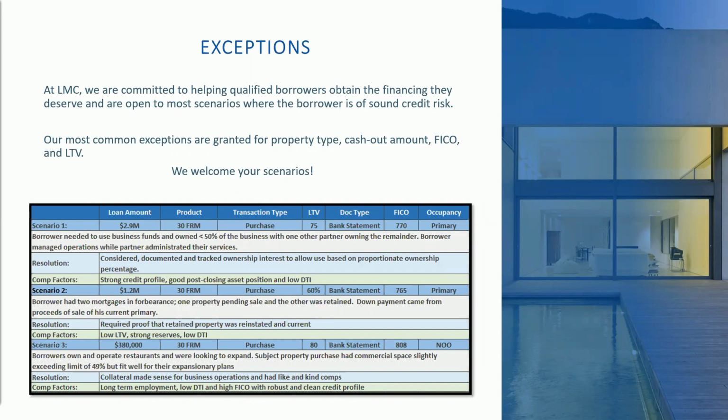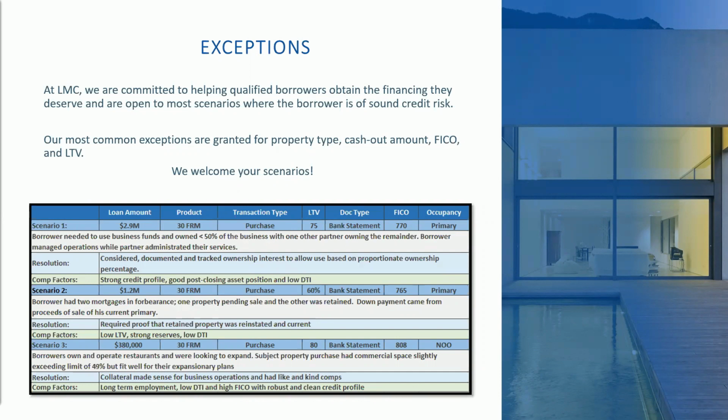So we did move forward because of a 60% LTV, bank statement, great credit. And we just required that the retained property had been reinstated and was made current. And we also had strong reserves in this scenario. So you'll see that as a very common comp factor amongst our exceptions made.